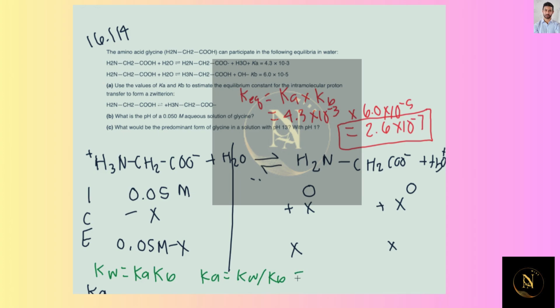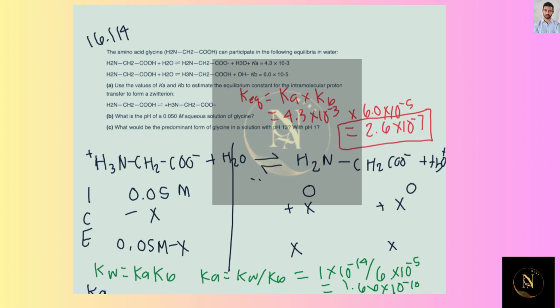Plugging in our values, we get 1 times 10 to the negative 14th divided by 6 times 10 to the negative 5. We get a Ka value of 1.66 times 10 to the negative 10.